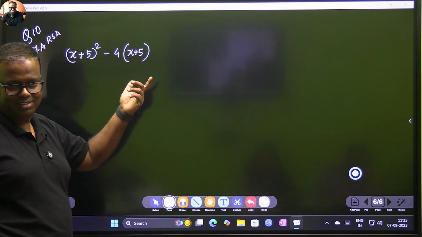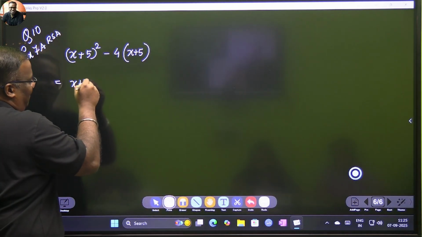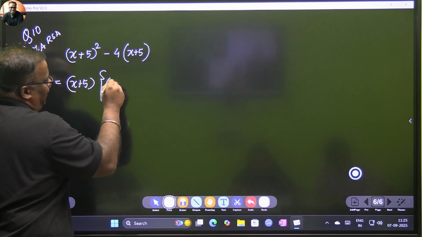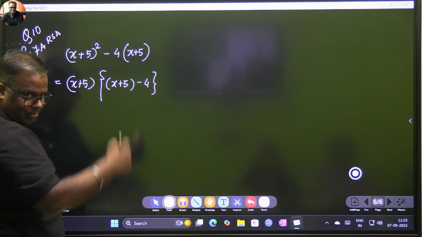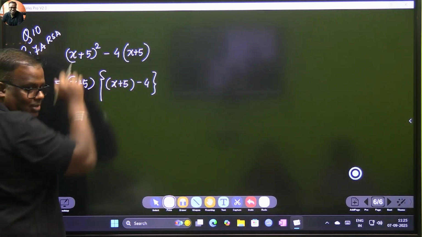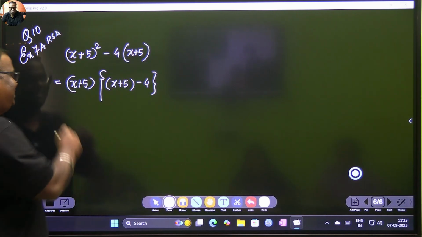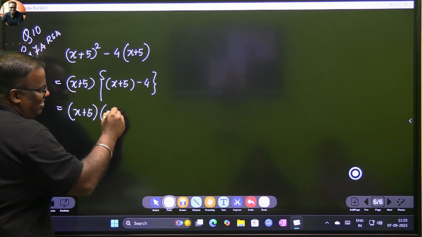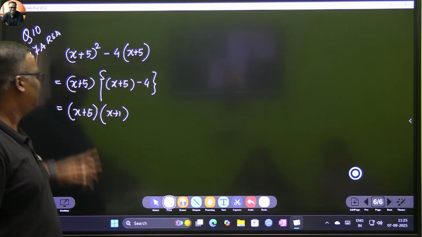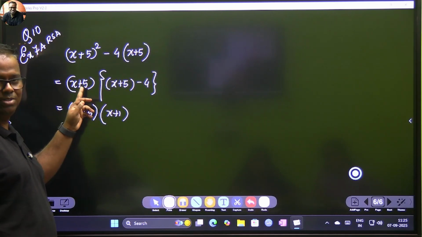Square minus square, so we take what common. x plus 5 whole square minus 4 times x plus 5.